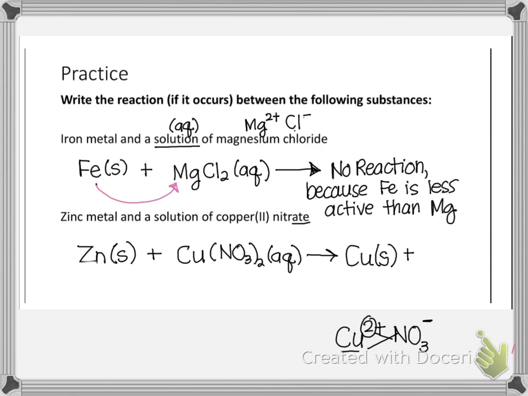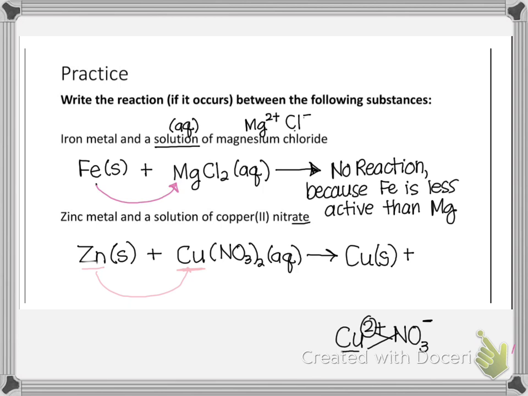Remember, in single displacement, you have an element that's by itself, and then a metal or an element is displaced, and so now you have a new element on the product side. And then zinc is going to get together with nitrate. So if zinc comes over here and tries to kick out the copper, zinc wants to be where copper is.